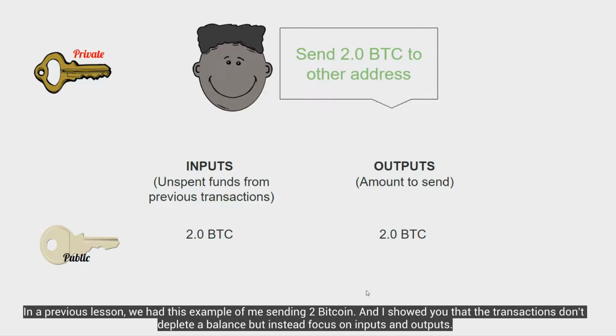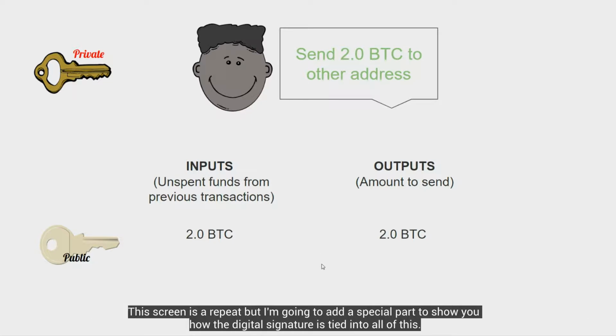So in the previous video, we had this example where I said I wanted to send you 2 Bitcoin, and I showed you that the transactions aren't really from a balance or depleting a balance, but more so the Bitcoin network focuses on inputs and outputs. So this screen is a repeat, but I'm going to add a special part to show you how the digital signature is tied into all of this.